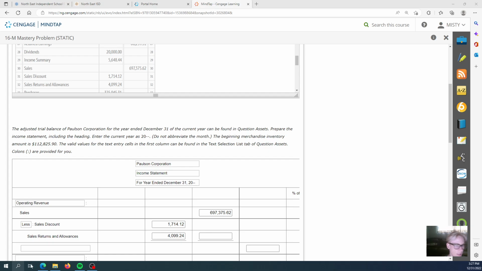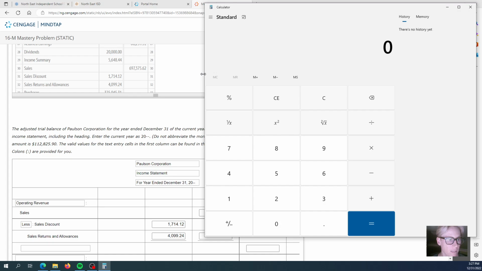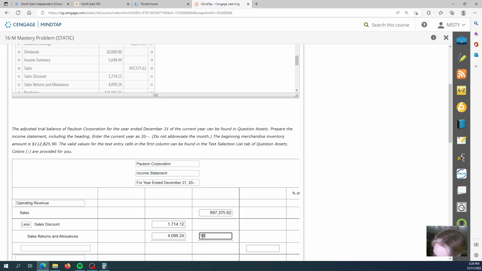Let's pull out the calculator here. 1714.12 plus 4099.24. Whoa, I pressed enter twice. It should be 5813.36. There we go.